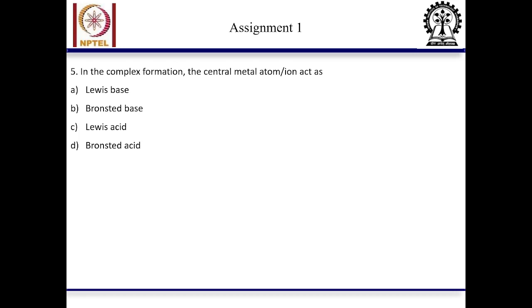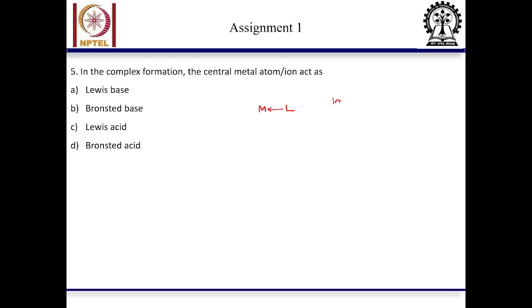Okay, so in complex formation, the central metal ion acts as a Lewis acid. So the question is why. If we see the metal to ligand bond, basically the ligand is donating one lone pair to the metal.